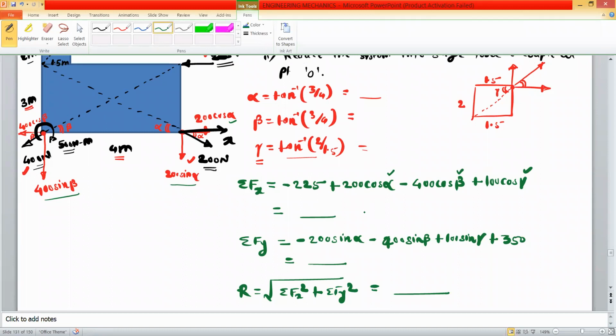So from sign of summation fx and summation fy, decide the quadrant, whether it is in the first, second, third or fourth quadrant, and then find out the angle of the resultant. Okay, that is theta is equal to tan inverse summation fy divided by summation fx. Okay, so first decide the quadrant depending on this sign, summation fx and summation fy.